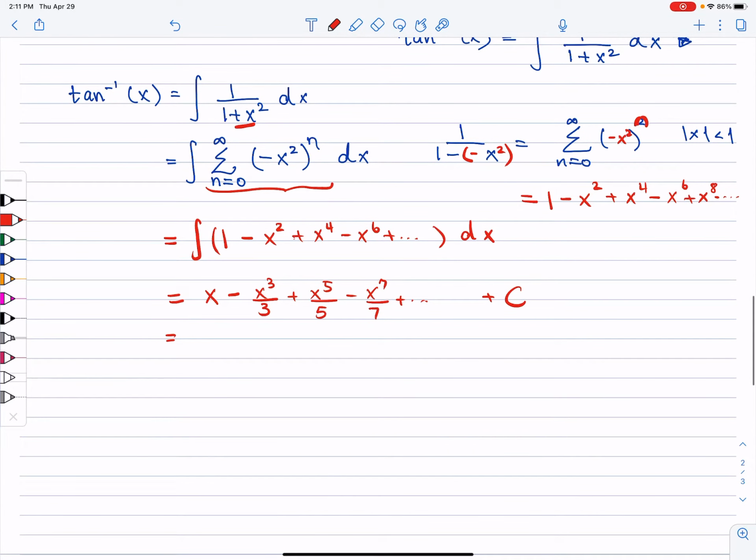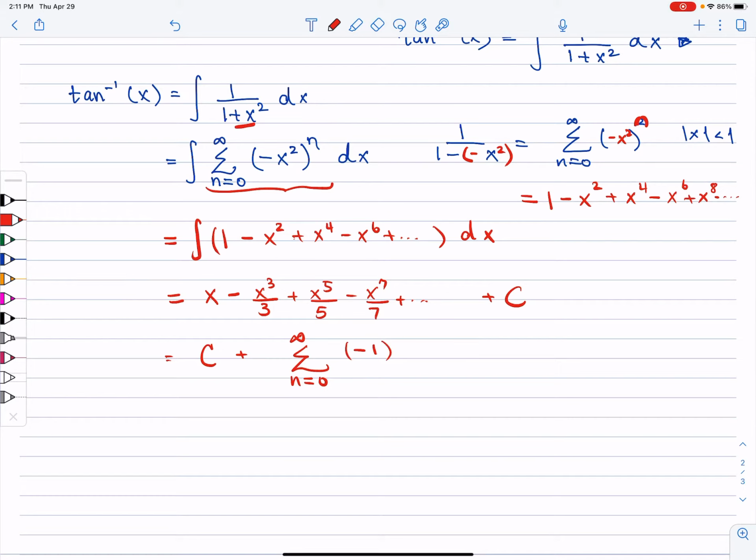This here becomes sigma. Let me write the constant first. We have the constant c plus sigma, as n goes from 0 to infinity.